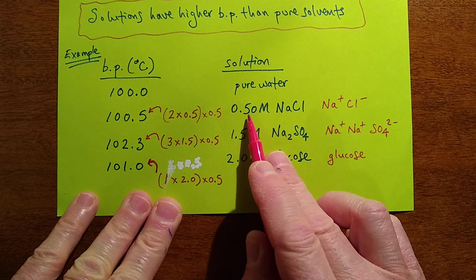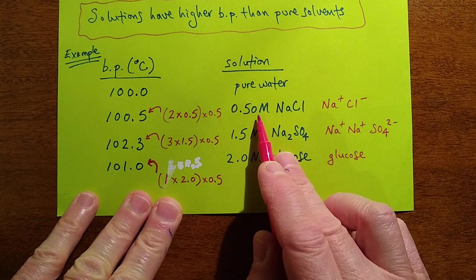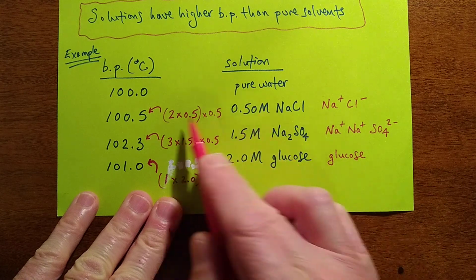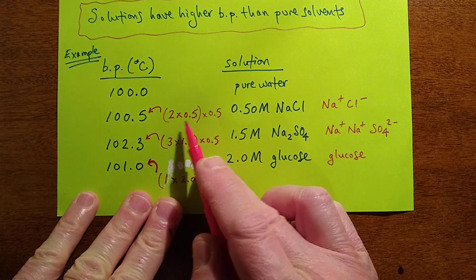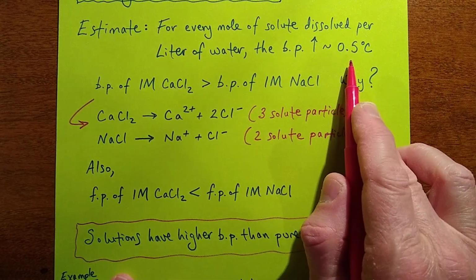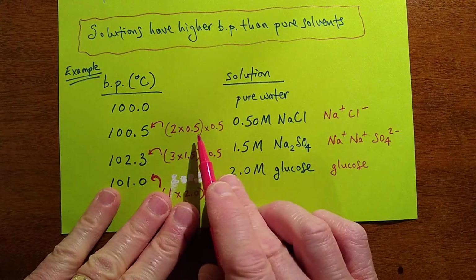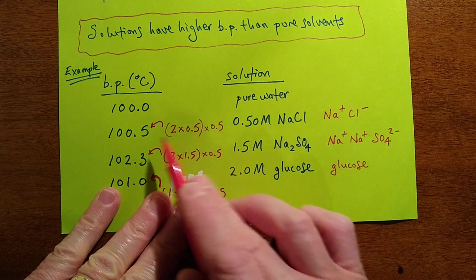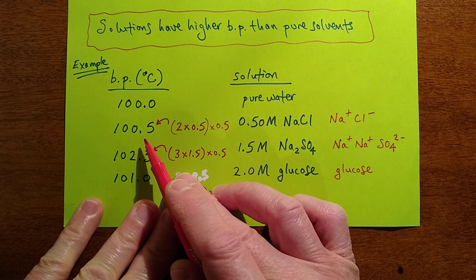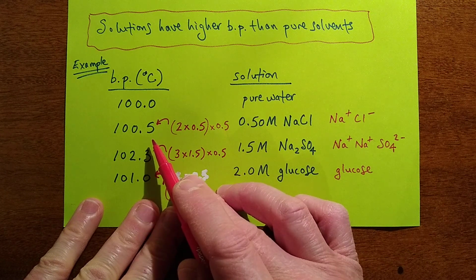And 2 times this number would tell you the number of particles, so to speak. 2 times 0.5 is 1. And for every 1 mole of particles, you raise the boiling point by half a degree. That's where that 1 times 0.5 comes from. So the boiling point of a half molar solution of sodium chloride would be slightly higher, 100.5 degrees.